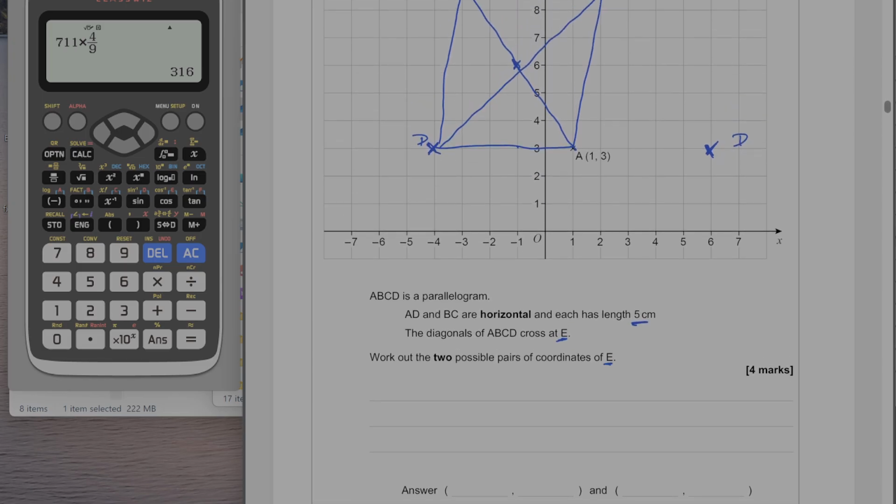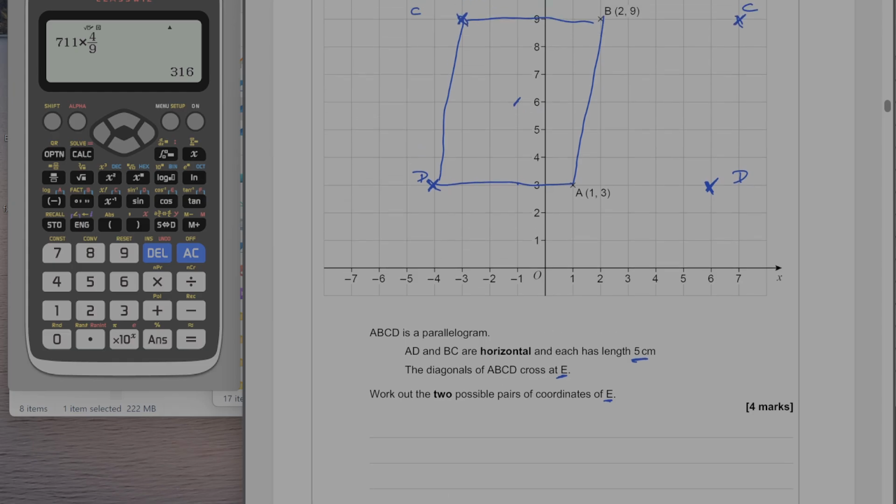Let me just explain that more. Let's pretend that I've not got the diagram, and let's just include the coordinates. So C would be at the point minus 3, 9, and D would be at the coordinate of minus 4, 3.